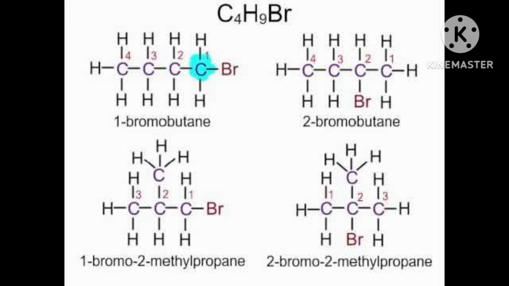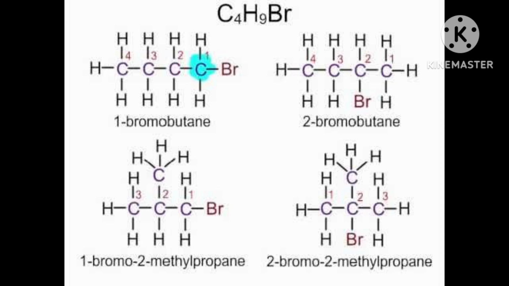Where CH is there, with that carbon a methyl group is attached, CH3. Then what will be the common name? Now again with the middle carbon a methyl group is attached, so it will be called iso, and total carbon is 4. Then isobutyl chloride. Correct? Total 4 carbons are there.